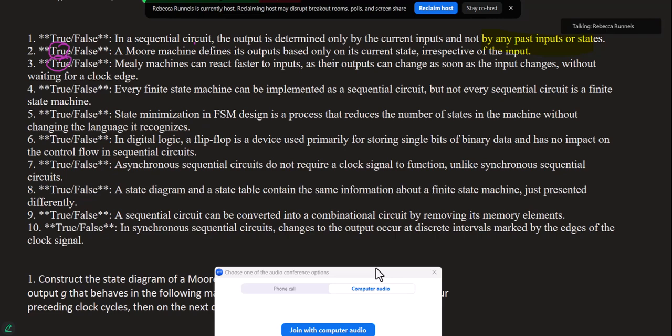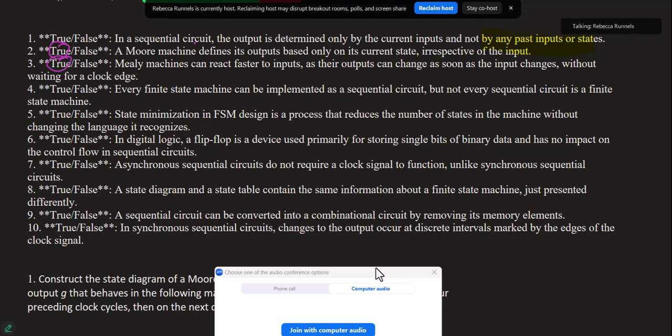A Mealy machine will usually be one clock cycle quicker, and usually have one less state at least. I mean, it depends on the actual machine, but usually. So for Mealy, are the inputs independent of each other? Not necessarily.